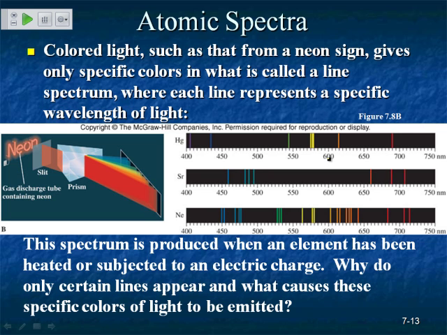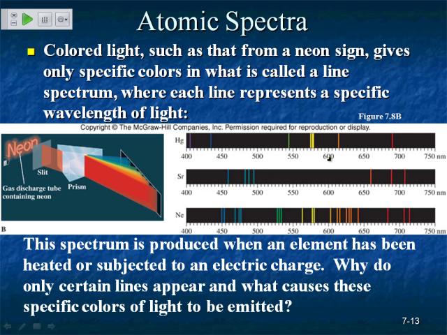When they cool down, or when that electric source is removed, those electrons jump back to their original positions, and the energy they absorbed is released in the form of light, and that is the light that shows up in different regions. So that is how the spectrum is produced. But what we are after is, why do certain lines appear and what causes these specific colors of light to be emitted? Or why don't we see a continuous spectrum in case of an element? Why do we see only specific lines?